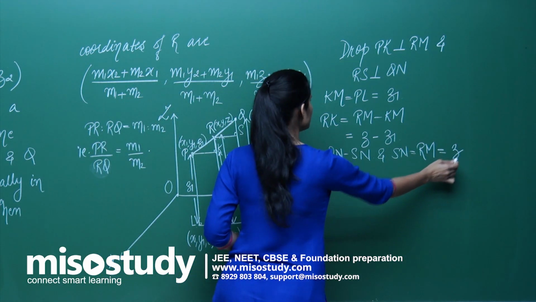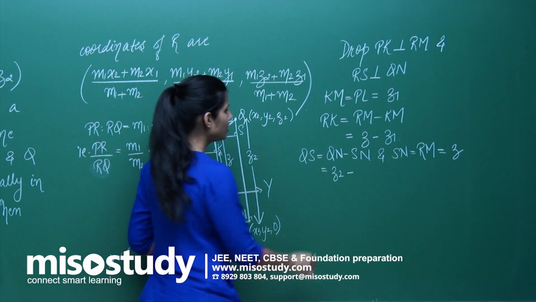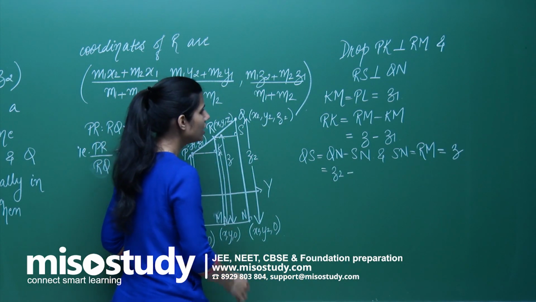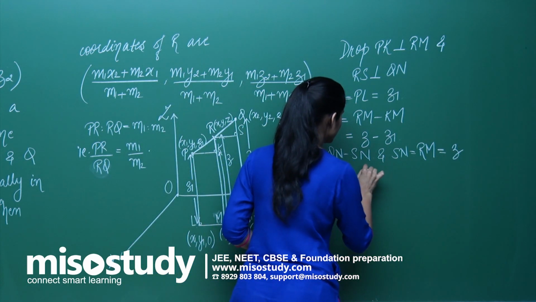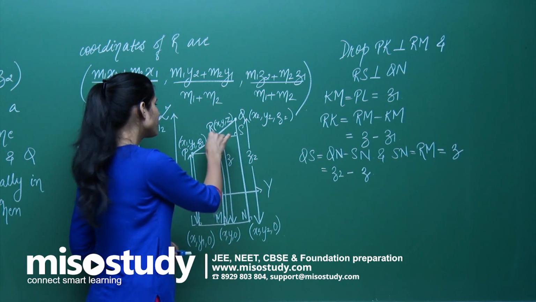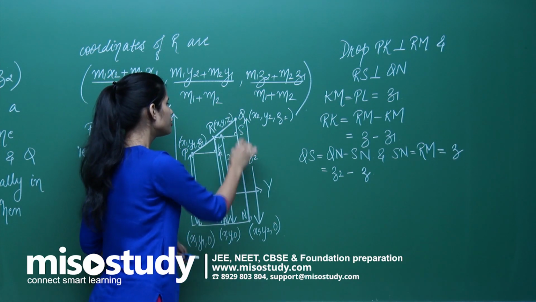So QS is QN minus SN, which is z2 minus z. Now I have got RK, I have got QS.